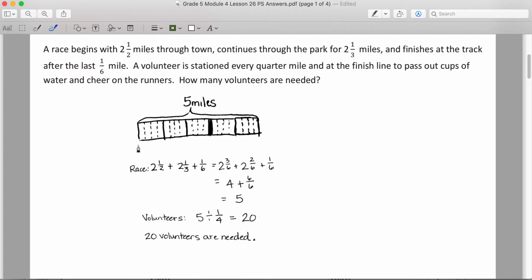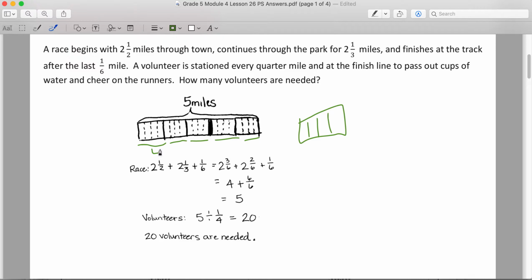So this is a mile, this is a mile, this is a mile, and a mile. They took that 1 mile and divided it into fourths. If we look at the fourths, how many fourths are in 1 mile? There are 1, 2, 3, 4. There are 4.